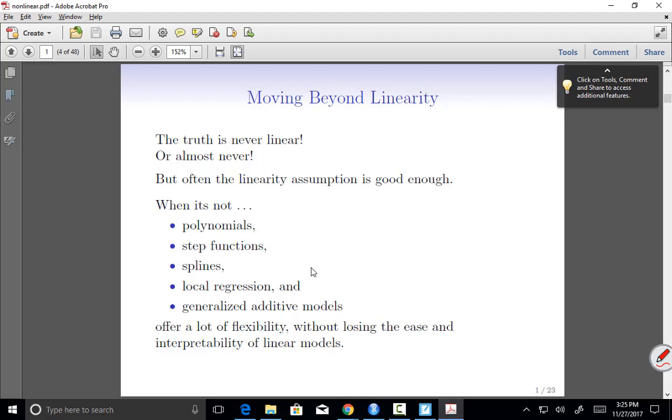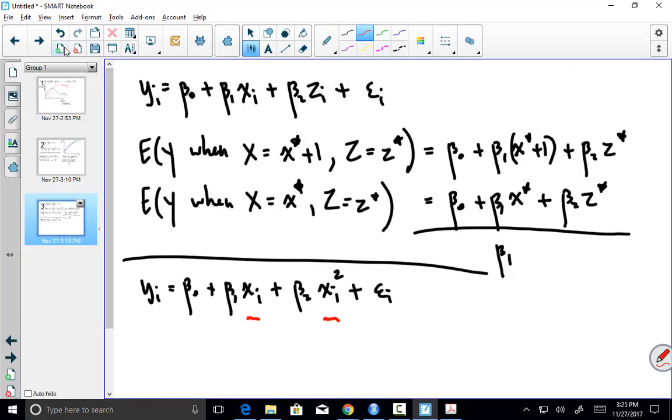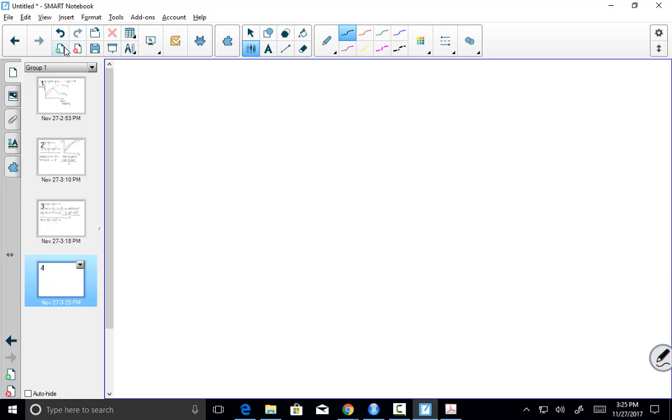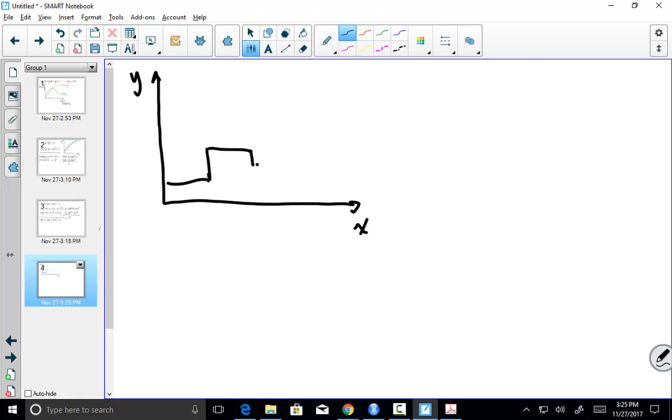Another option would be step functions. A step function would look like, here's x, here's y. A step function would look like stair steps. What's nice about a step function representation is that it's completely arbitrary what pattern is captured.